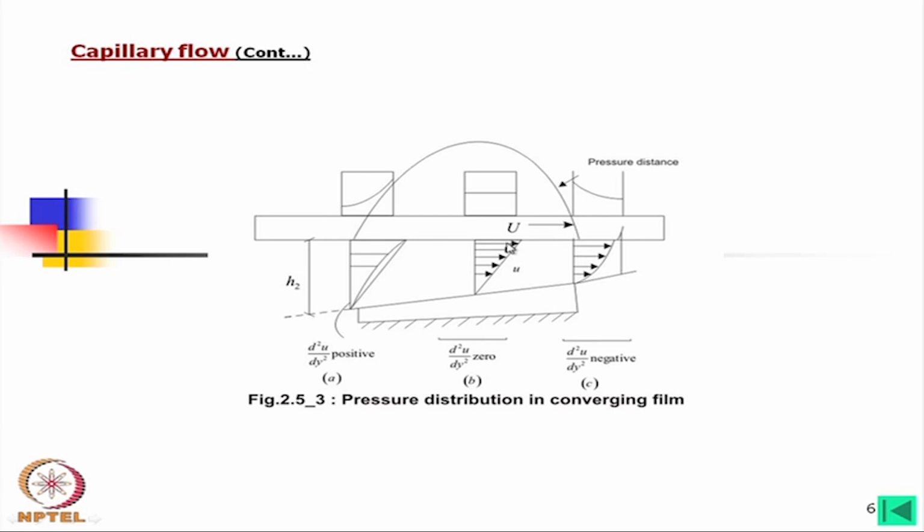If the gap is less, then the pressure will be more. However, we cannot make this gap very small; at least there should be some magnitude, which depends on fluid property and other parameters.